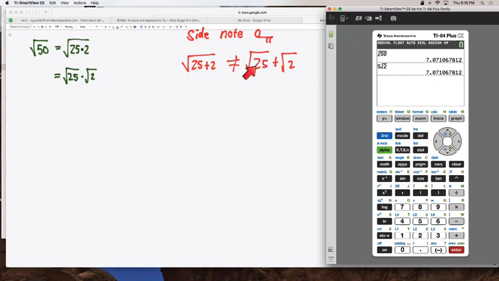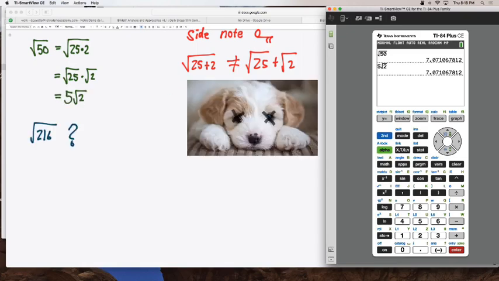That is completely untrue. There's lots of reasons why. I might have discussed it in class, but make sure all of you understand that is on the order of puppy killer status. So do not apply the product rule to sums or differences, only to products. That's why they call it the product rule.